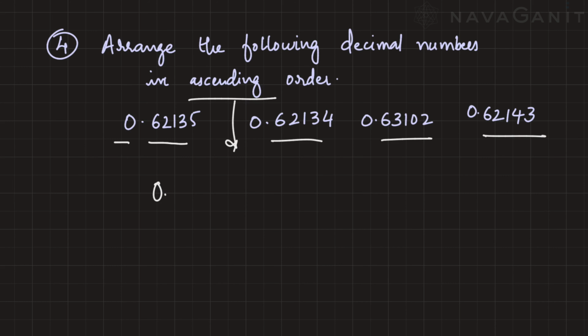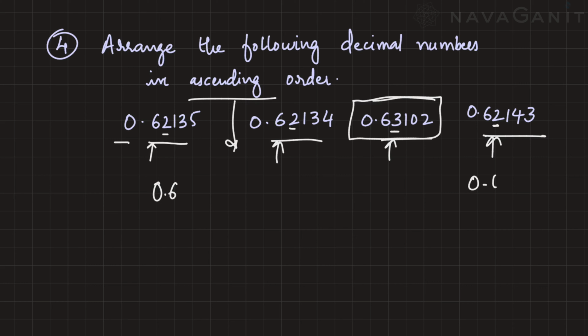So 6 is the first digit after the decimal point towards the right. Even in this, in all the four, 0.6. Then I have to check 2, and we have 3 here and 2 here. So we know that because this has 3 in it, this would be the greatest of all.